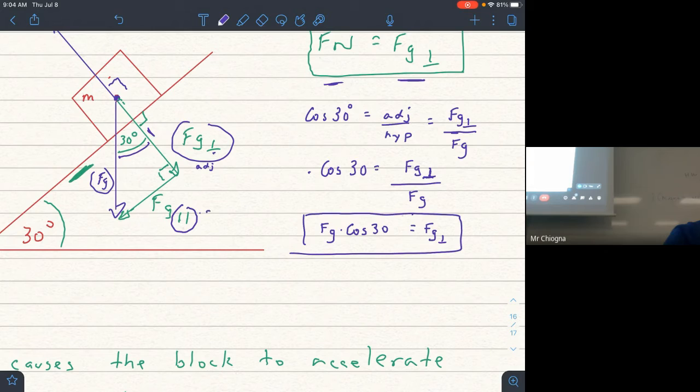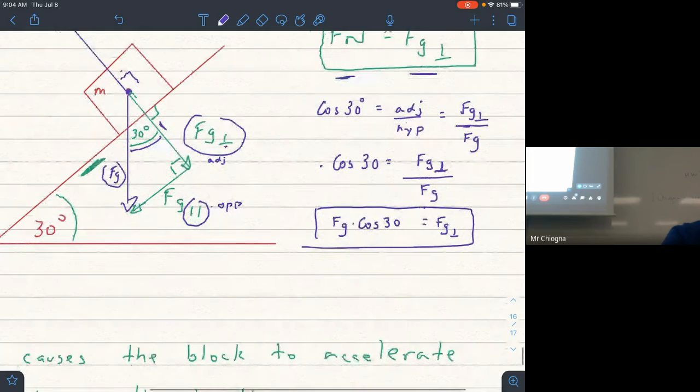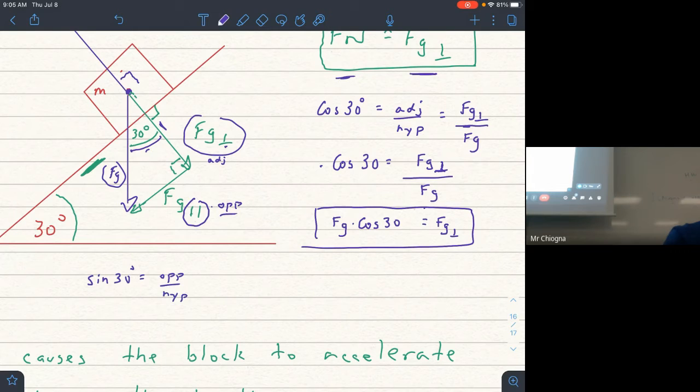FG parallel is the opposite side, opposite to the angle 30. That's a hint. That means try using the sine. Let's do that. Sine of 30 is opposite over hypotenuse. Opposite is FG parallel. Two lines next to each other means parallel.